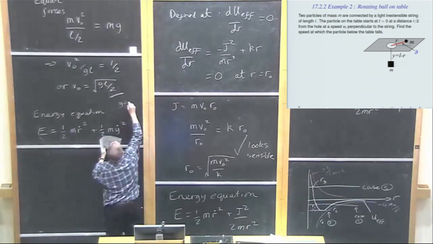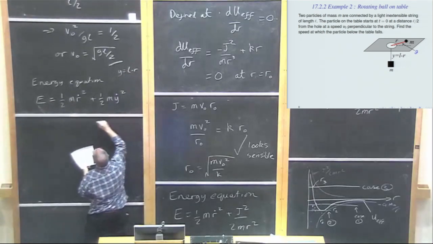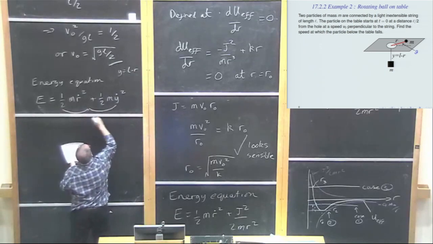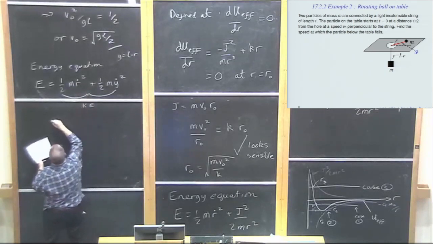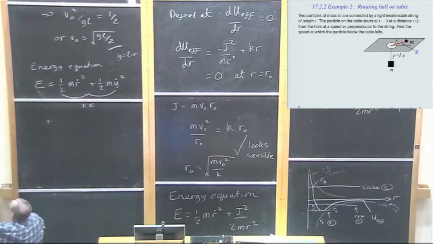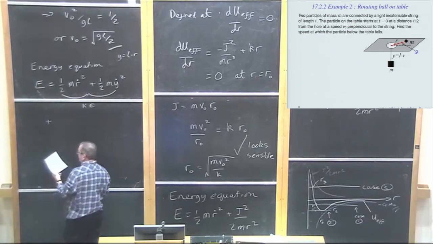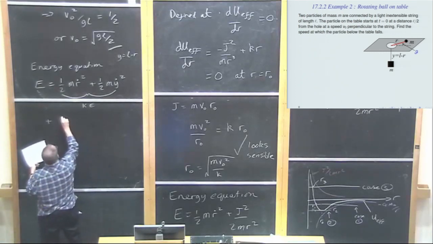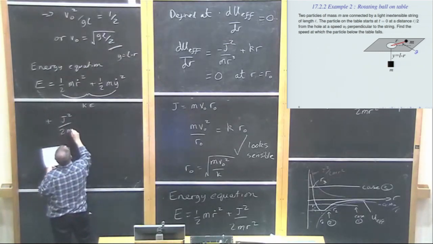Y equals L minus R, the distance below the table. So this is the kinetic energy. But we still have the azimuthal motion, which for this central force, as usual, we subsume into the J squared over 2mr squared term.